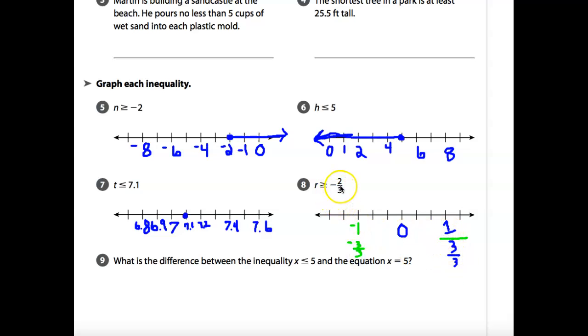So where would you find -2/3? Here's 0. We're going this way: -1/3, -2/3, -3/3. So since the equal sign is there, you're going to include -2/3. So go ahead and put a dot there, and then you mark the line greater than that. Okay? All right.